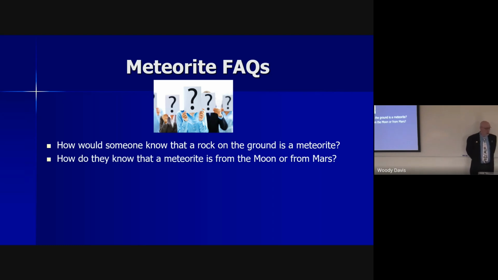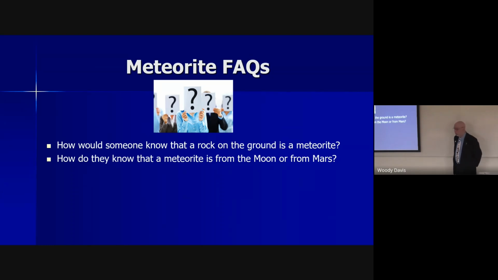So how do they know that a meteorite is from the moon or from Mars? Well, the moon is fairly easy to explain. Apollo samples that were returned have been compared to some meteorites, and it's found that the meteorites have similar mineral ratios. For example, from the Mare, they're kind of basaltic and have certain ratios of oxygen isotopes and other things that are more indicative of the moon rocks from Apollo samples.